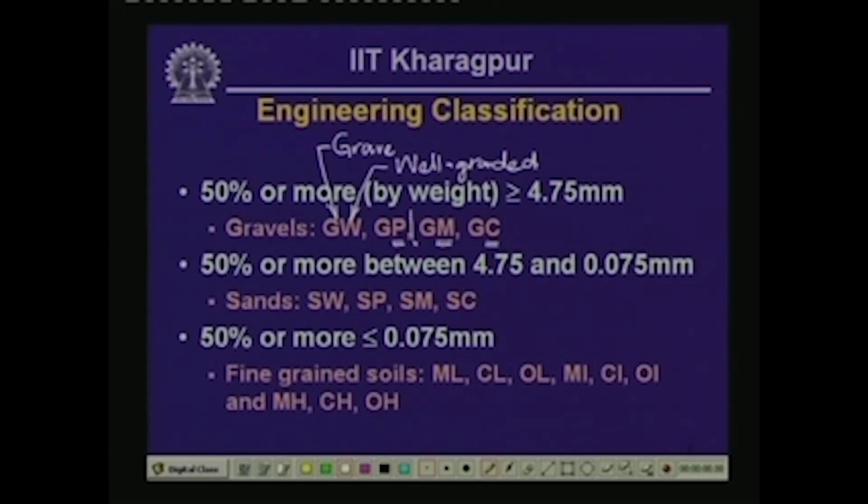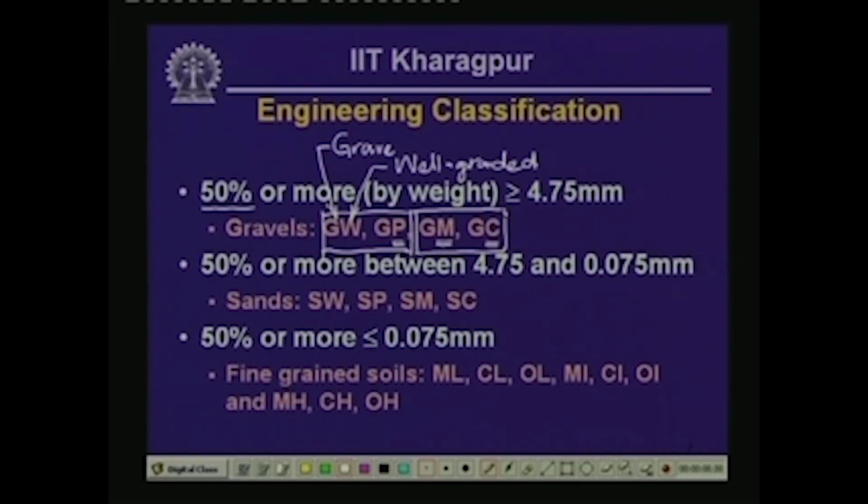So, these two categories of soil, GW and GP, contain little to no fines, whereas GM and GC can be composed of a substantial proportion of fine grained soils, although more than 50% of this type of soils, as is indicated at the top, should be composed of gravel size particles, that are those particles which have more than 4.75 millimeter in dimension.